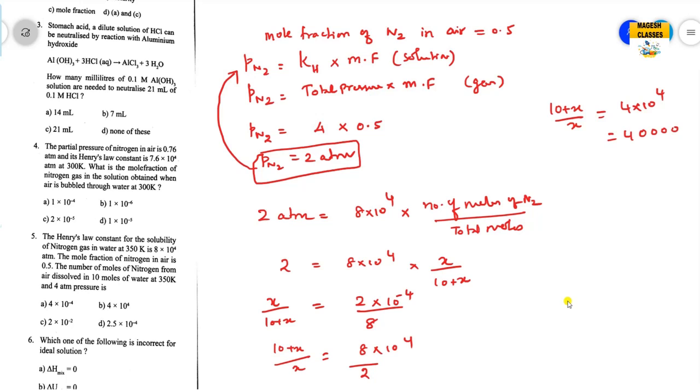Here the 10 plus X by X will be 10 by X plus X by X, so it will be 10 by X plus 1 is equal to 40,000.